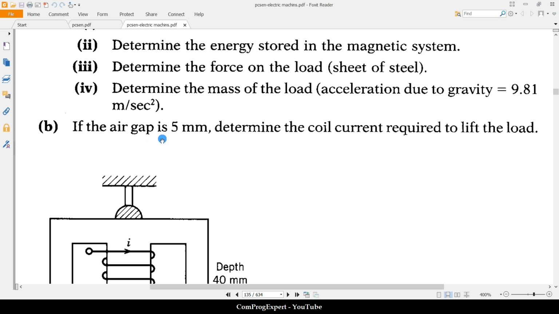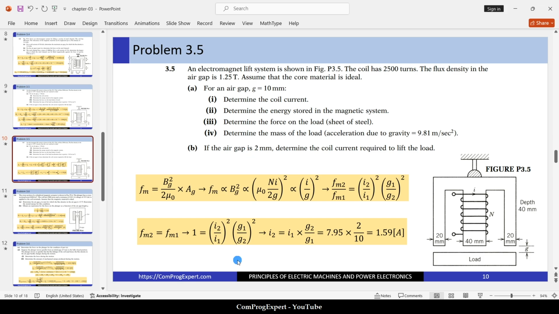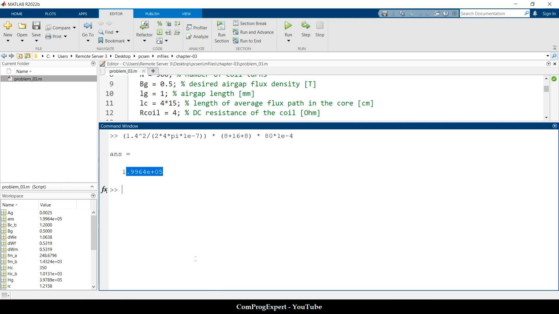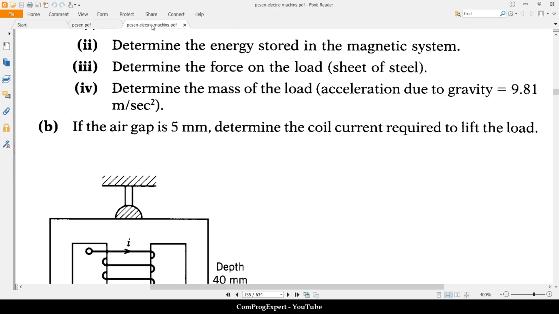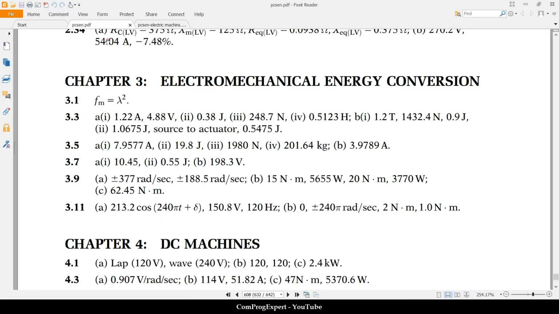If the air gap is 5, so again we have a typo error here, 2, because if we multiply 7.95 times 5 divided by 10, we will get this number, 3.97. So this number is correct, 5. This should be 5. If this is 2, this is the correct number. If this is 5, this is the number that you have here.